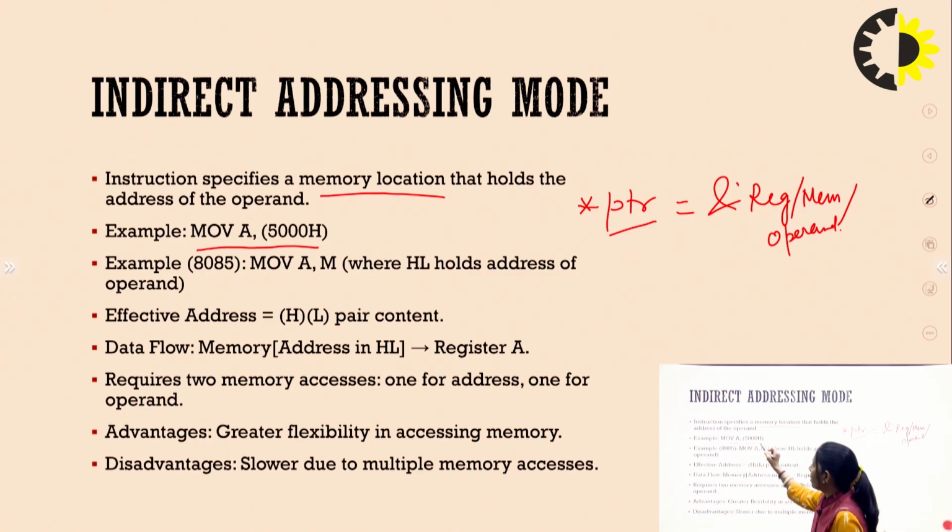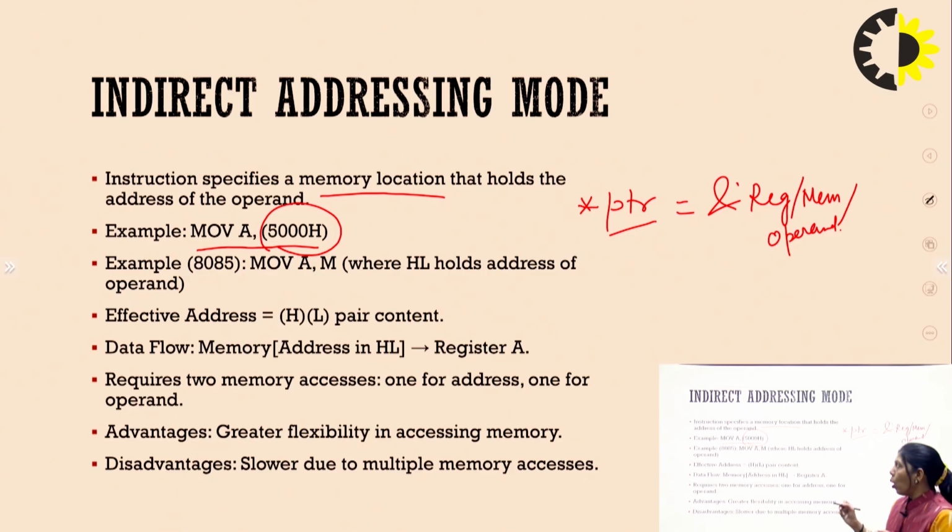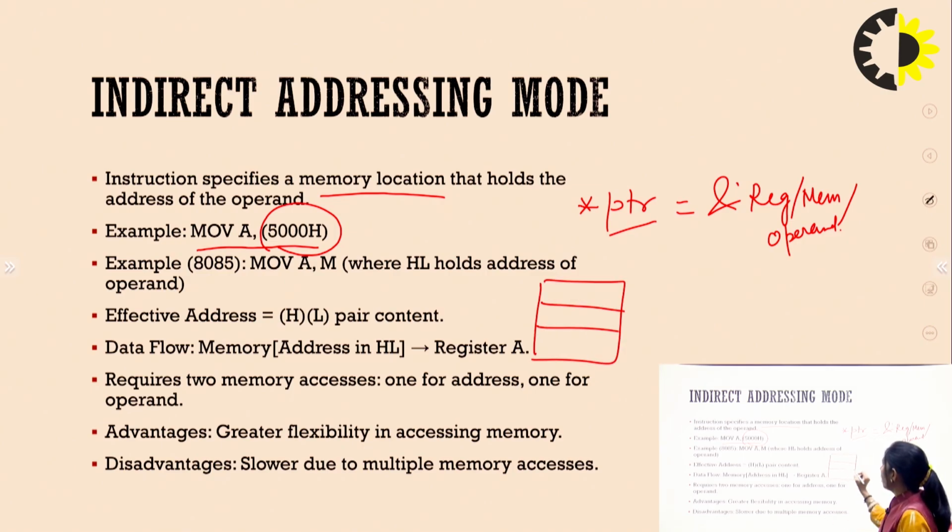Now, let's take an example, move A 5000H. Suppose this is the location 5000H, and it has a value 2005H.